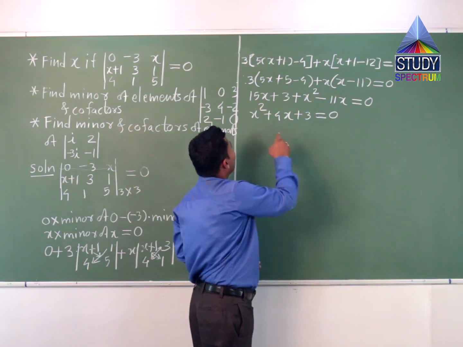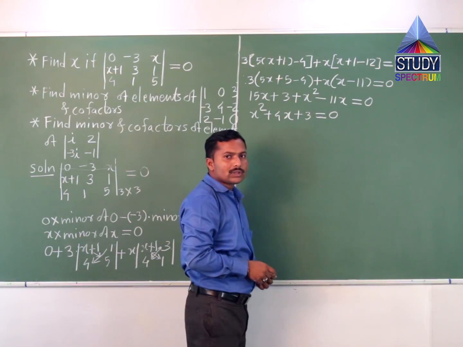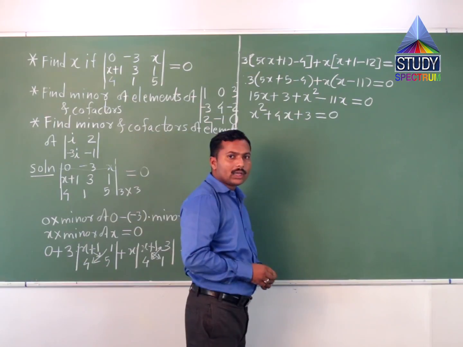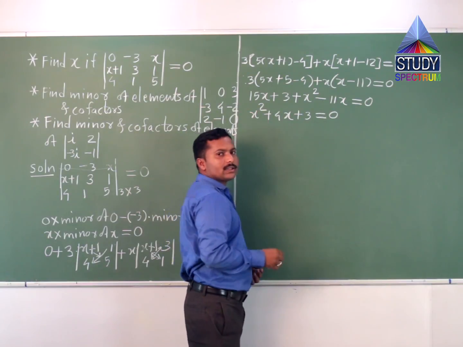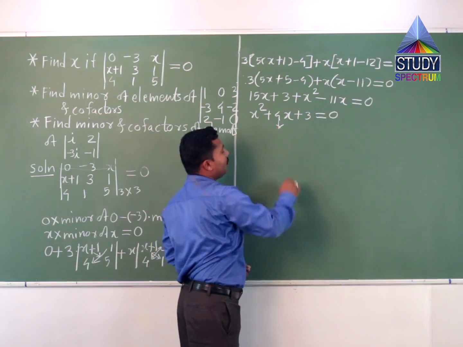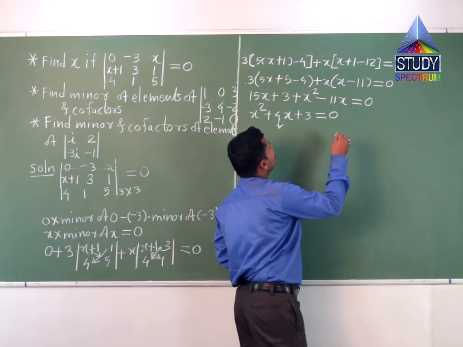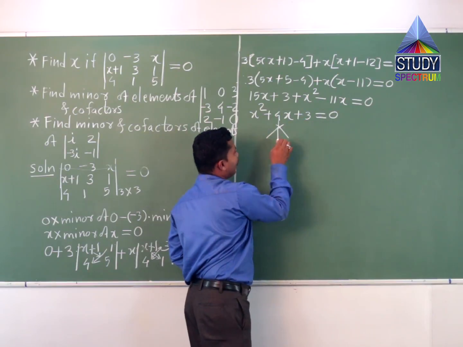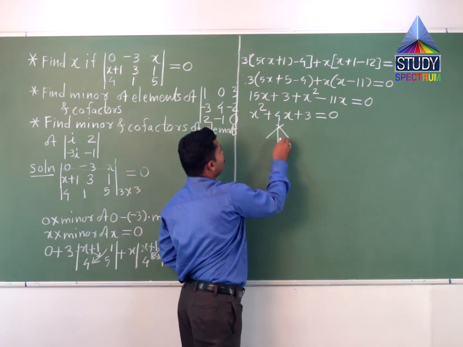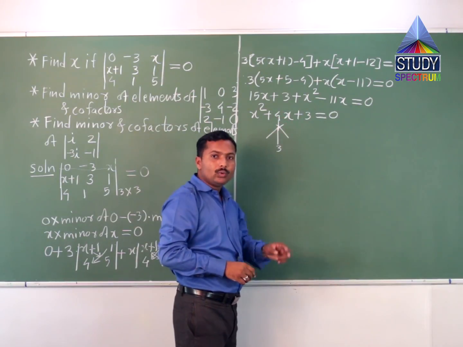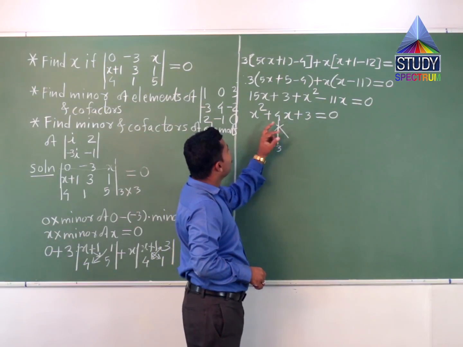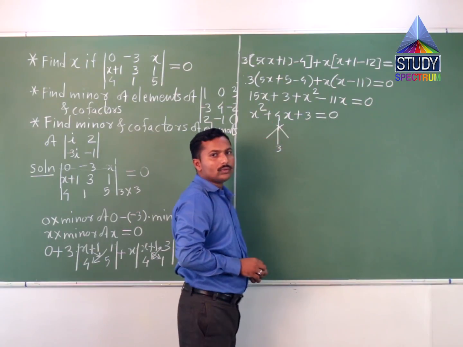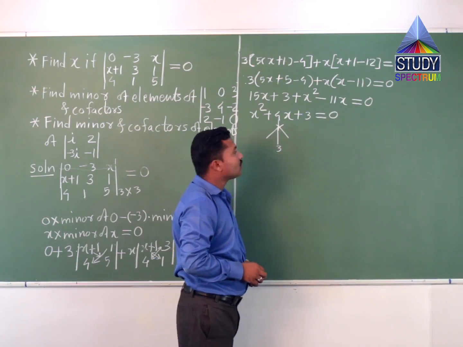So here we obtain a quadratic equation. How do we solve this quadratic equation? This quadratic equation is solved by factorization of the middle term 4x. How? We want multiplication 3 and addition 4. So find two numbers such that the multiplication is 3 and the addition is 4.